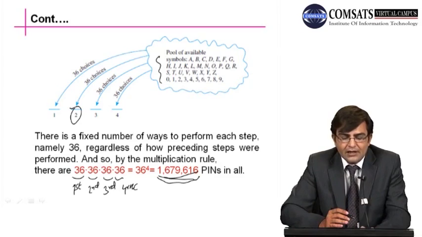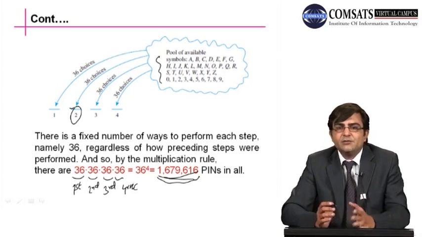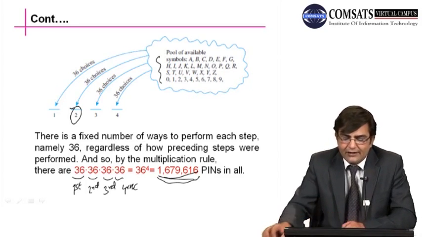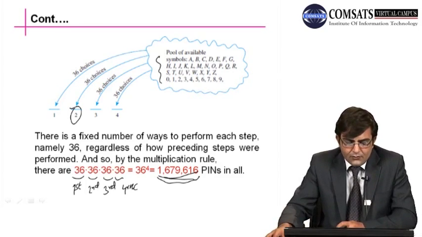In the third step, these two numbers from the first and second step cannot be utilized at the third and fourth step. So at the third step you have 34 possibilities because two numbers have been used and you cannot reuse them. At the fourth step you have 33 possibilities because three numbers have already been used.